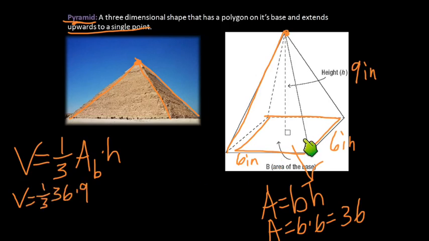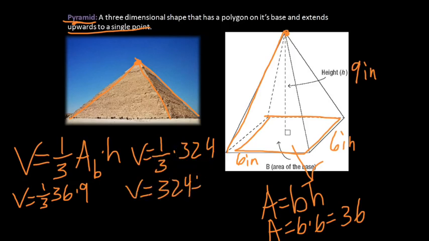So I've calculated the area of the bottom first, got 36, multiplied that times 9, and then we get 324. Now, 1/3 times this looks really hard, but because it's 1/3, all you have to do is just divide by 3. Multiplying by a fraction with 1 on the top is the same as dividing by its denominator. Very, very simple. So on your calculator, all you have to do is just divide by 3. Then you got it.